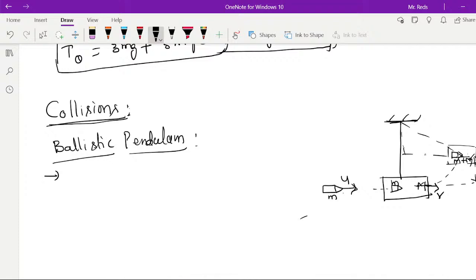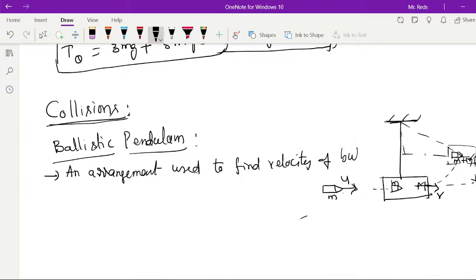You can say this is an arrangement, or a device also we can call it, used to measure the velocity of a bullet. Here the arrangement in which the bullet is fired is called a ballistic pendulum.